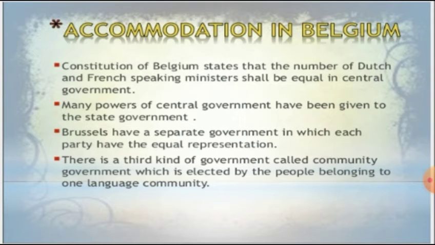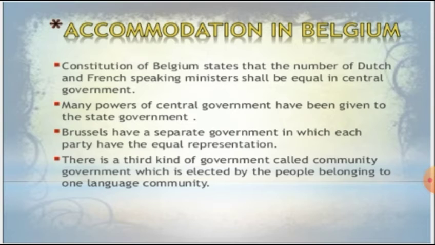Accommodation in Belgium, this is a main and important question. Please note this, guys, it consists of 4 points, and these 4 points are very necessary and you have to understand them well. The Constitution of Belgium states that the number of Dutch and French speaking ministers shall be equal in the central government.